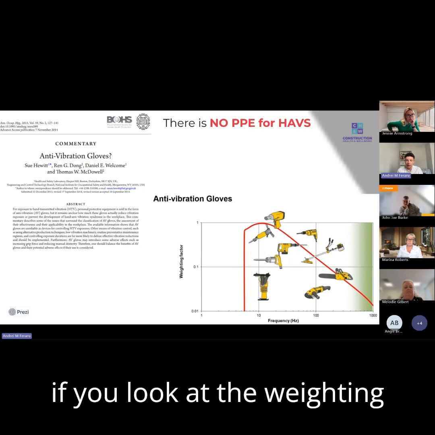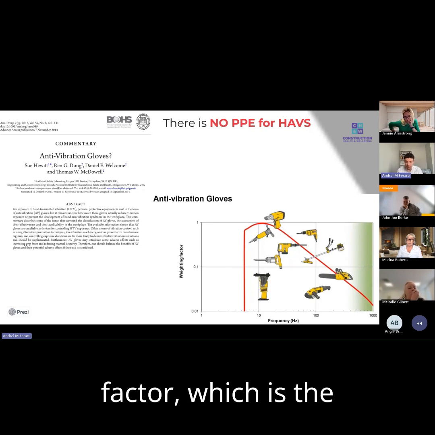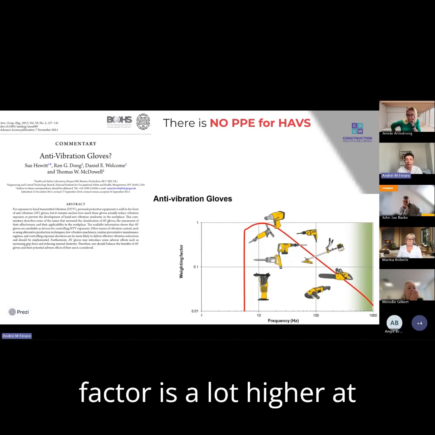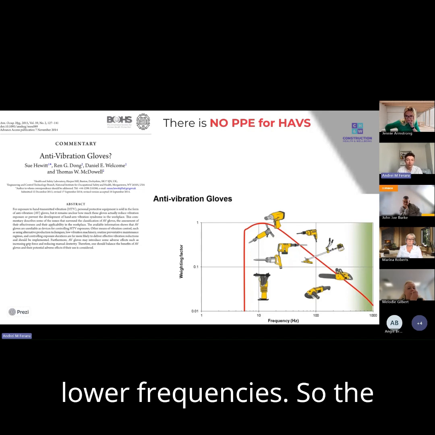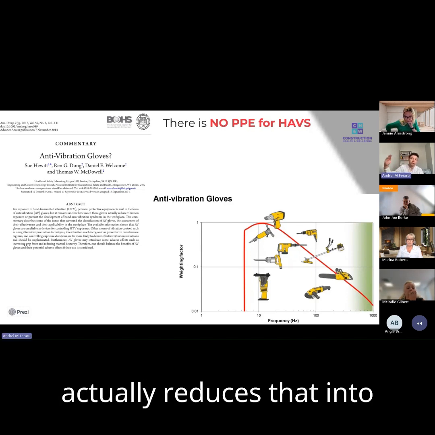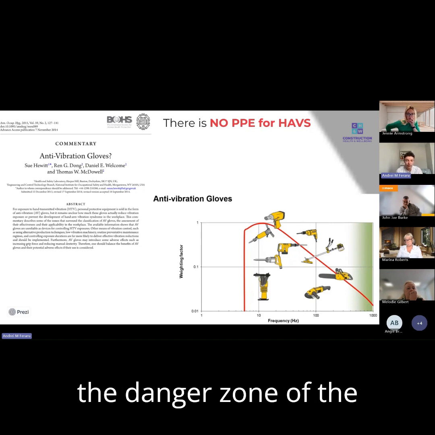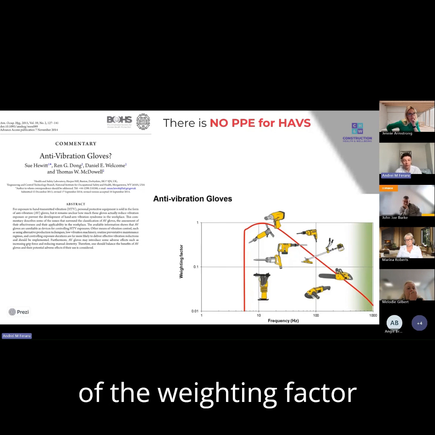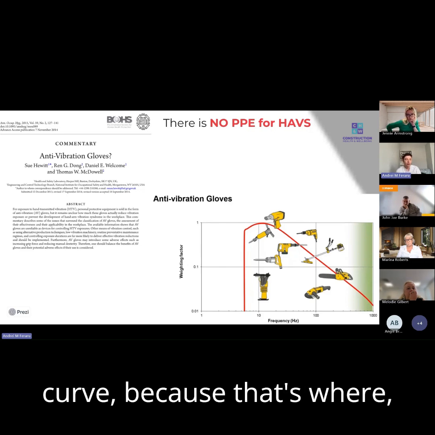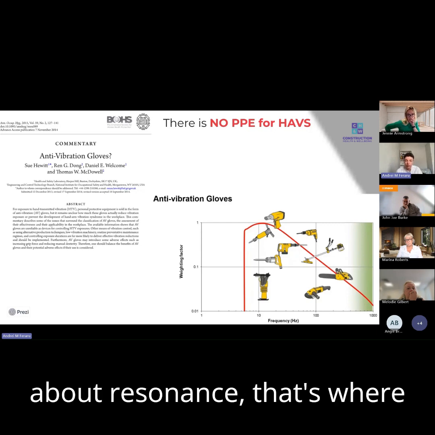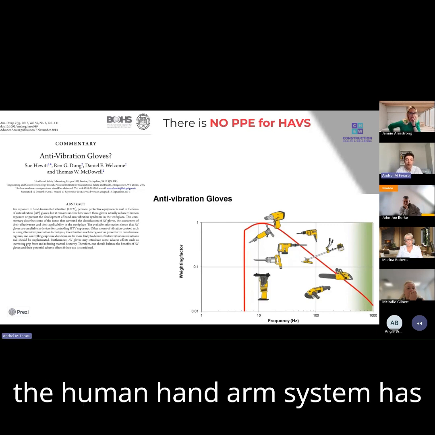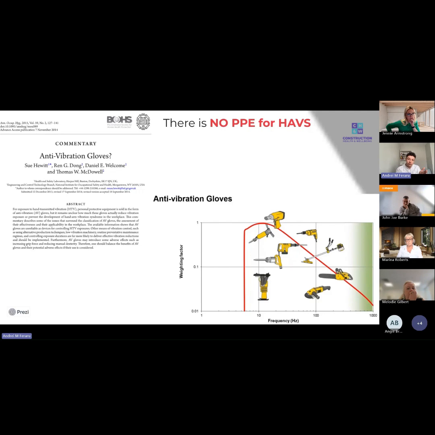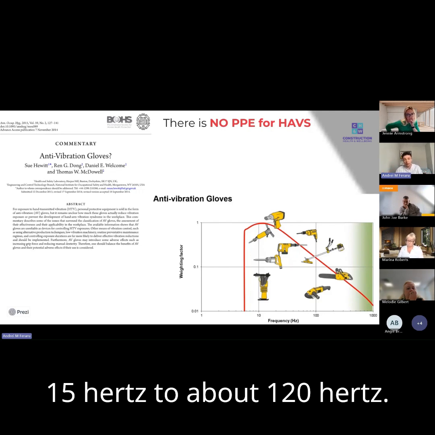And if you look at the weighting factor, which is the red line there, the weighting factor is a lot higher at lower frequencies. So the anti-vibration gloves actually shift the vibration into the danger zone of the frequency. When we were talking before about resonance, that's where the human hand-arm system has the most resonance points, between somewhere around 10-15 hertz to about 120 hertz.